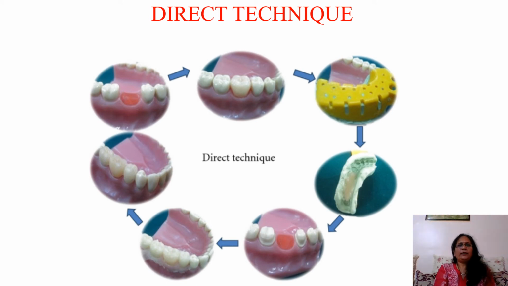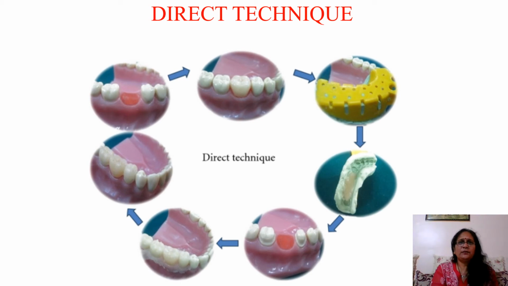Direct technique, how it is done. Before preparation of the teeth, the impression is taken. You can either take a full arch impression or sectional impression with elastomeric impression material, that is either polyether or addition silicone. You can also use alginates, but then you have to restore it correctly.